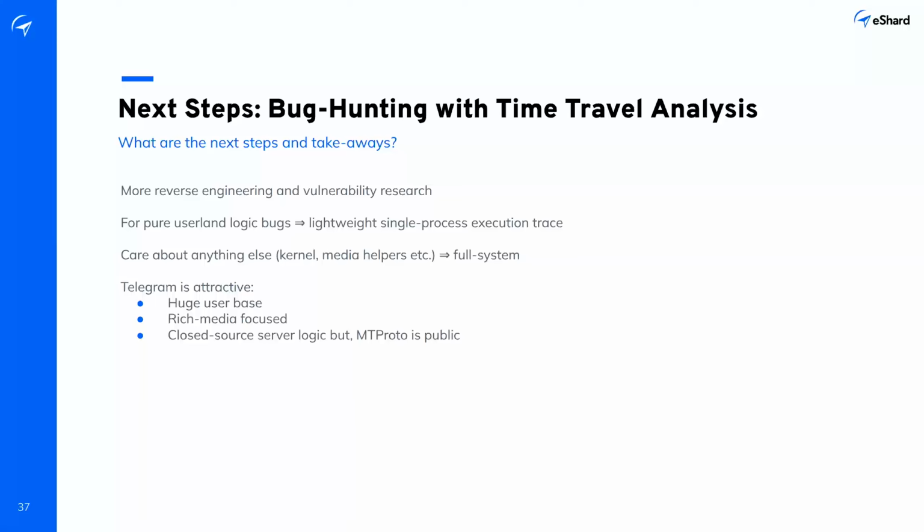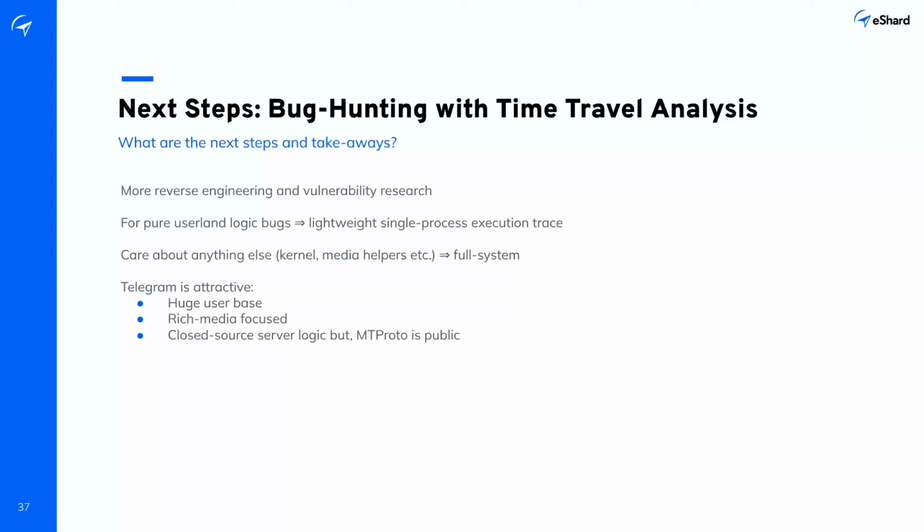We can use the lightweight single process execution trace to iterate fast on pure user-land logic bugs. And the moment you care about kernel races or cross-process media helpers or even interactions with the key store, for instance, being able to do a full system recording comes in handy.